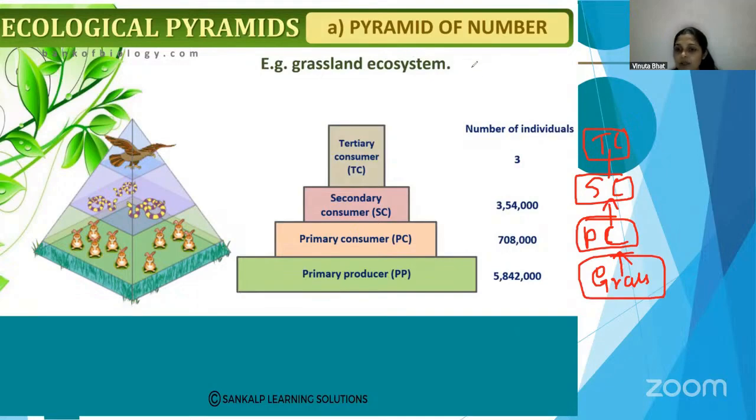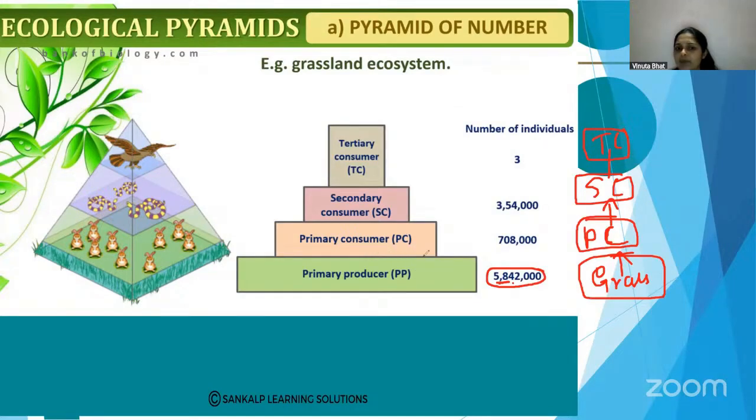This is the pyramid of number. So what is the number of grass? Just imagine 5 lakh 84,000, or 58 lakh 42,000 something. The number is more; the primary producers are more.